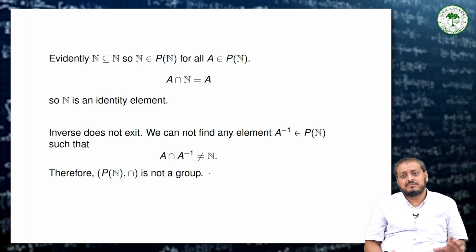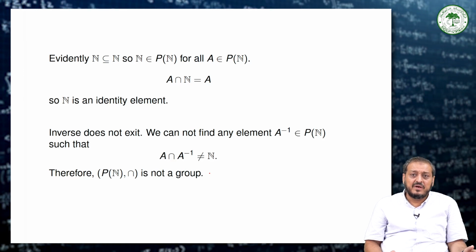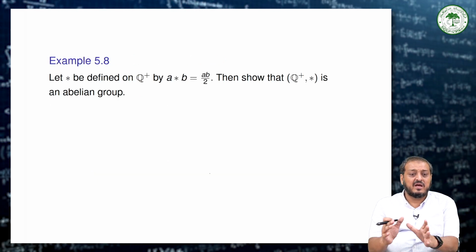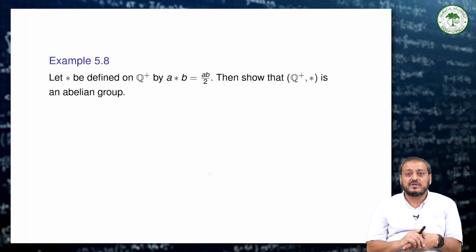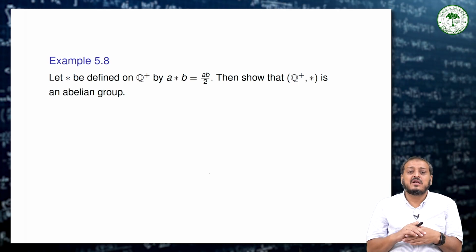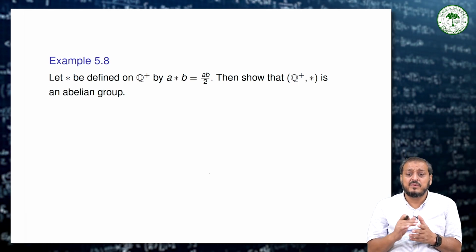Now let us try a different type of example of a binary operation for a group. Let star be a binary operation on Q, the set of all positive rational numbers, defined as A star B equals AB by 2.